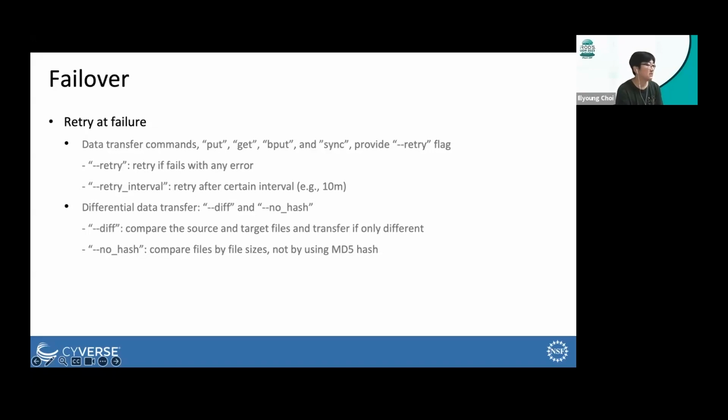You can use this flag for synchronizing large data or continuing a transfer from the last failure. By default, the feature compares source and target files using the MD5 hash that is used by the CyVerse data store. But if this is still too expensive for calculating the hash, you can give the no hash option to compare files by size only.